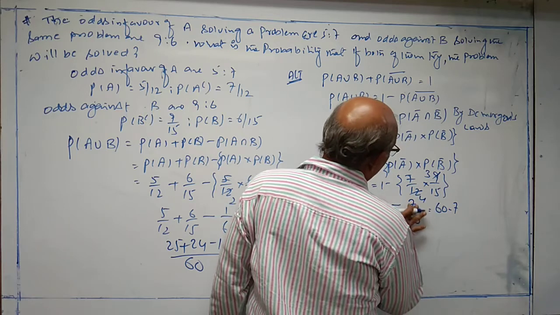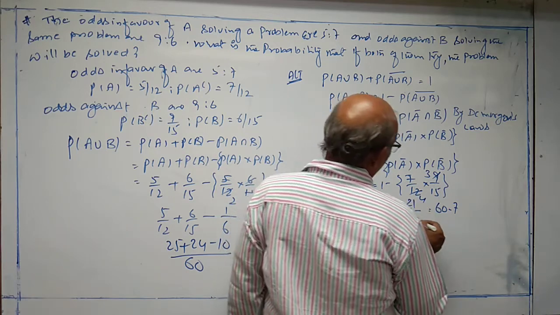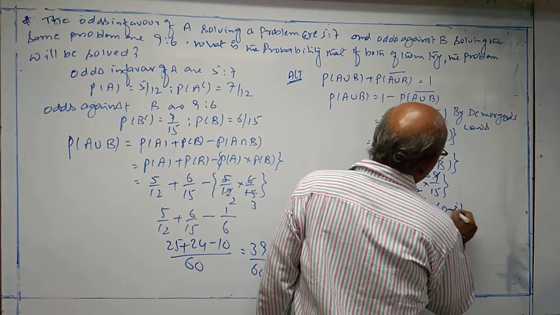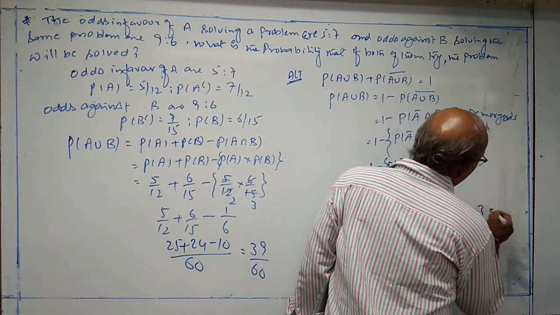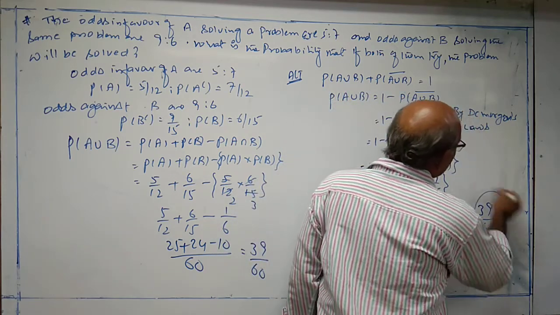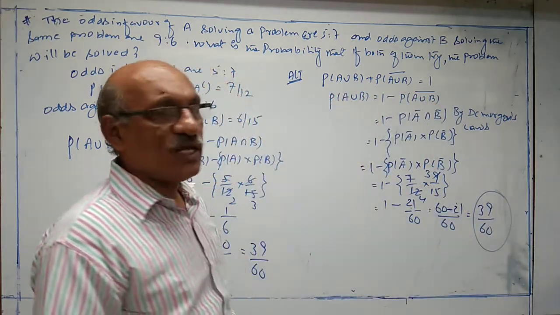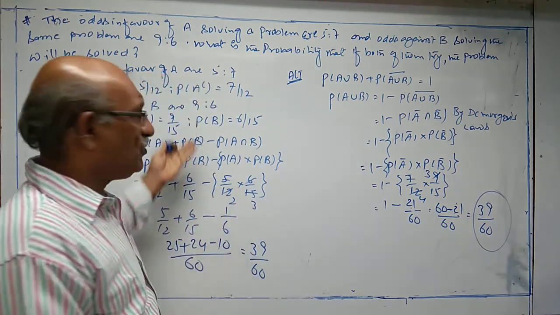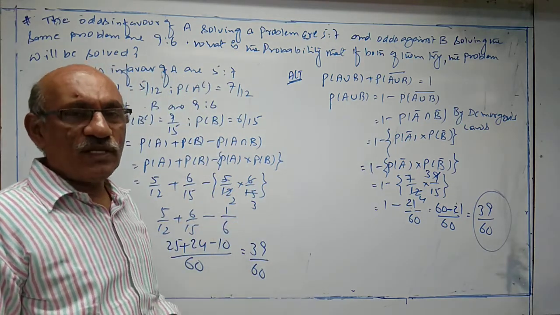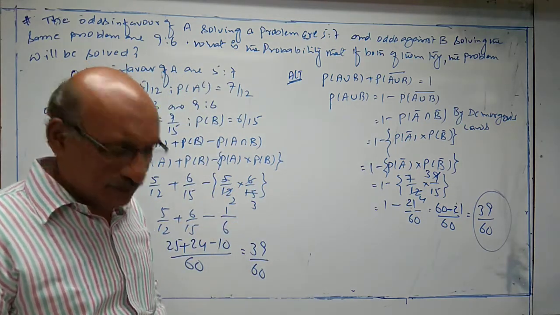Sorry, this is 21 divided by 60. So this is equal to 39 divided by 60. Both will give you the same answer. It is a time saving method and it is a traditional approach. Whichever method you feel comfortable with, follow that method.